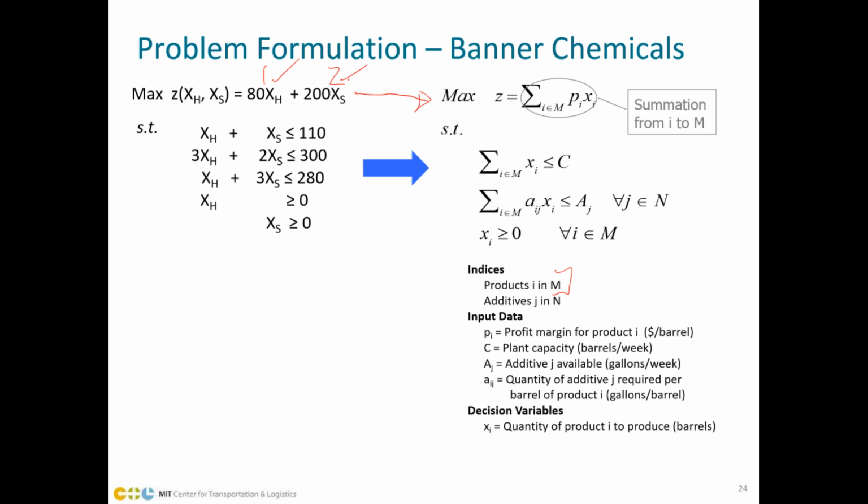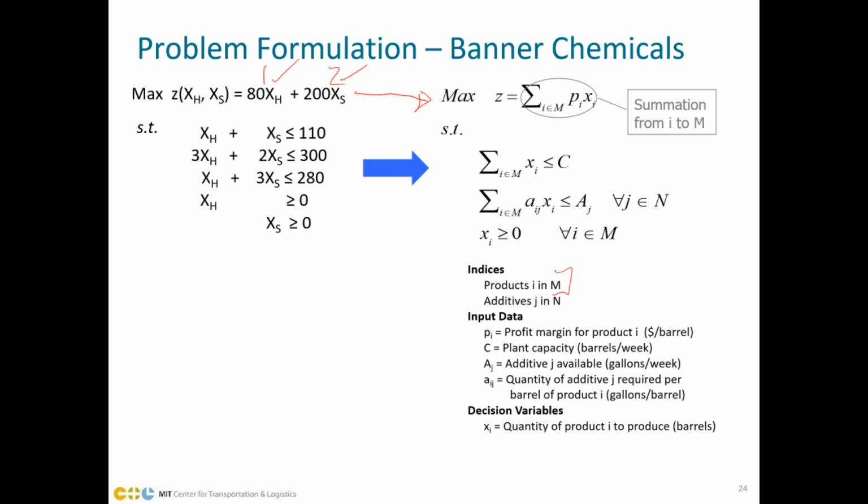So this is the same thing as saying I'm summing up P1 times X1 plus P2 times X2. Well, that's the same thing as saying 80 times XH plus 200 times XS. It's the exact same thing. It just says it in a much more concise and compact manner.